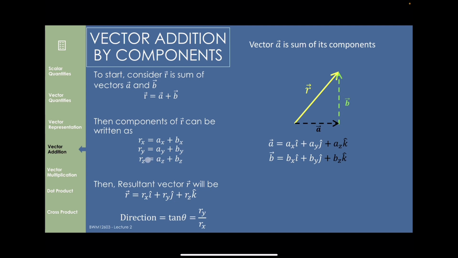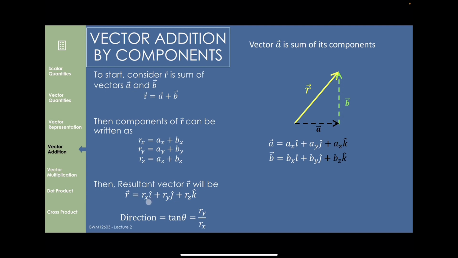And if r has a z component, then it will be equal to the sum of the z components of a and b. Then we can represent our resultant vector r like this: rxi plus ryj plus rzk, like all other normal vectors. But here rx is equal to ax plus bx, ry is equal to ay plus by, and rz is equal to az plus bz.